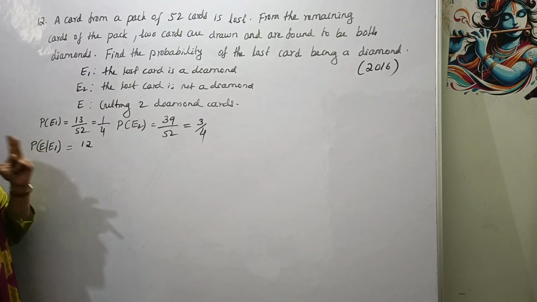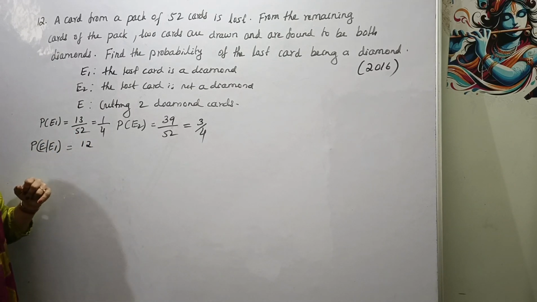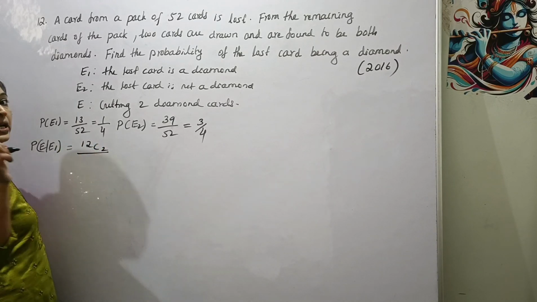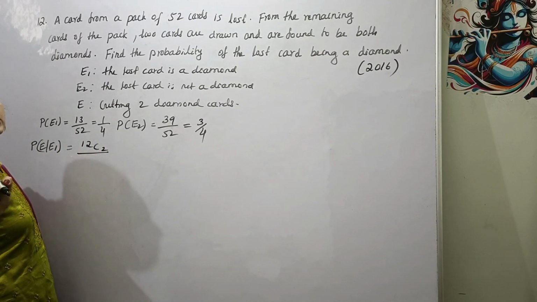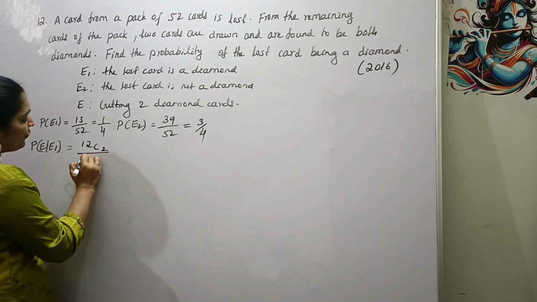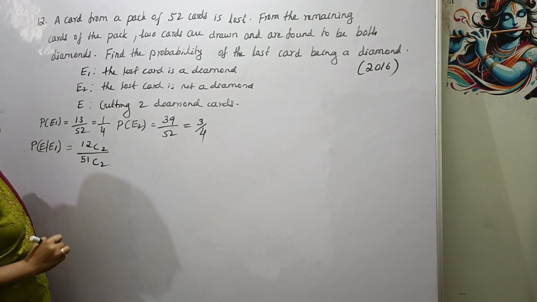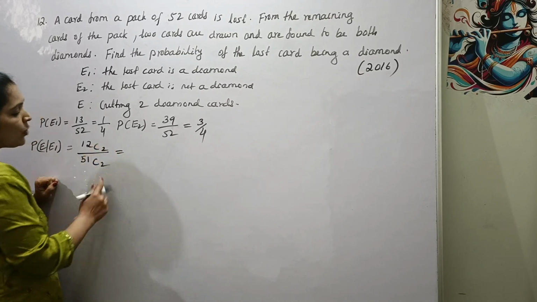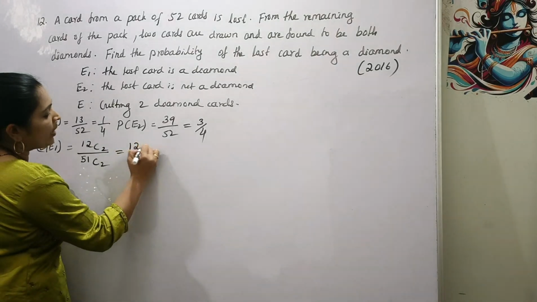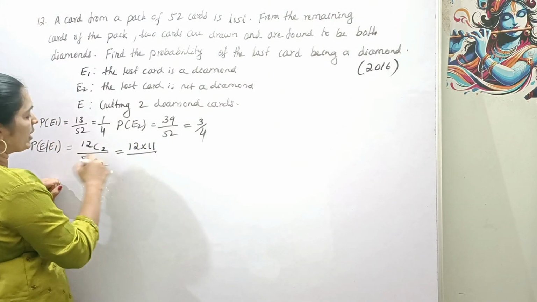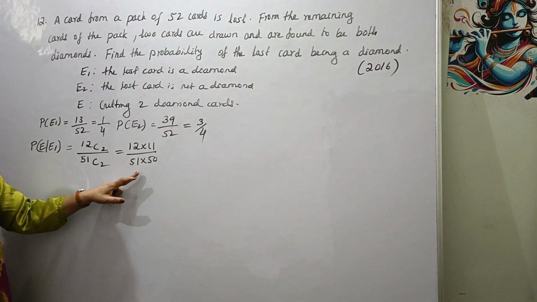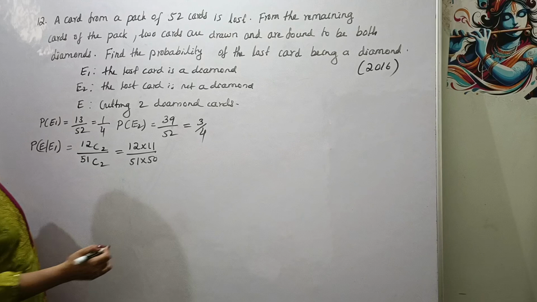So from 12 diamond cards, we are selecting two cards. So 12C2 divided by 51C2, as there are 51 total cards. In combinations we have studied this formula. So here we will get 12 into 11 divided by 51 into 50. We should go through permutations and combinations.